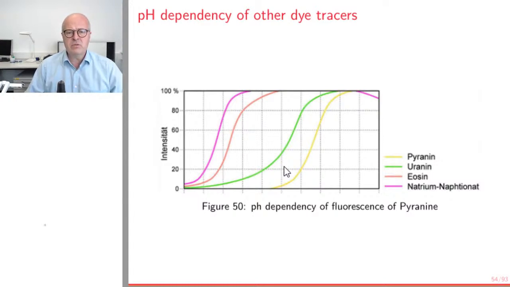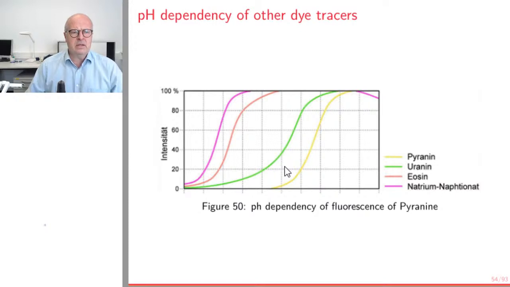The second one is uranine. The third one is eosine. Eosine is the case for lower pH, 4, 5, 6. Now the least pH dependent is natrium naphthionate. It has several disadvantages. You need more tracer, it's less efficient, you have a higher detection limit. However, it is more robust.